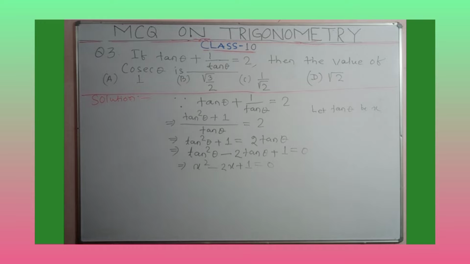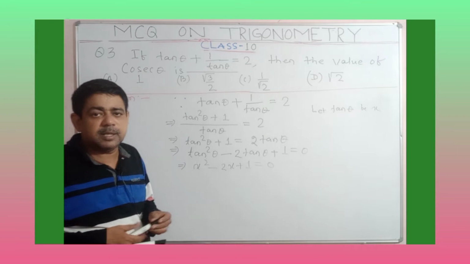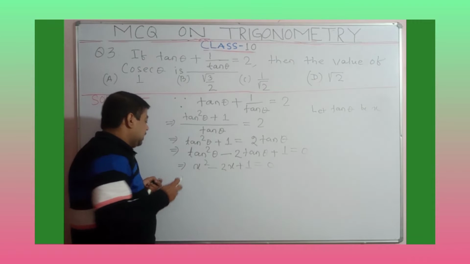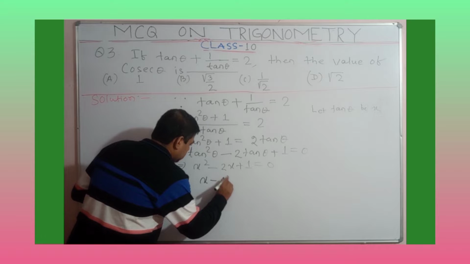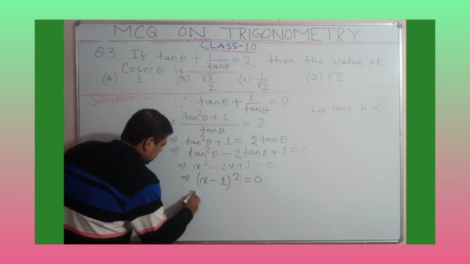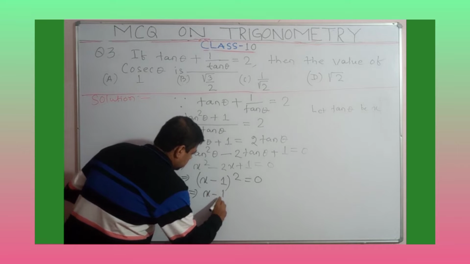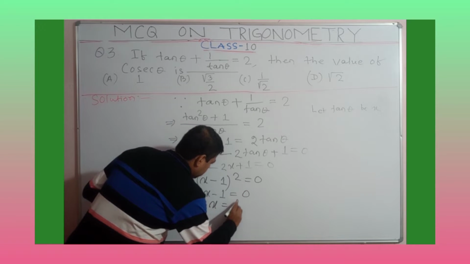And x square minus 2x plus 1 is equal to 0 is a quadratic equation, so you have to factorize it. After factorization you will get x minus 1 whole square is equal to 0. That implies x minus 1 is equal to how much? 0. That implies x is equal to 1.